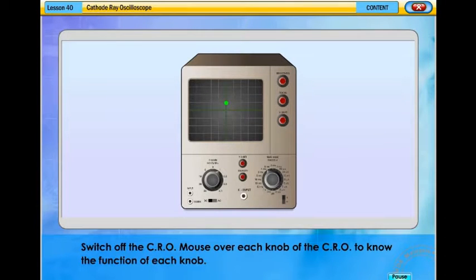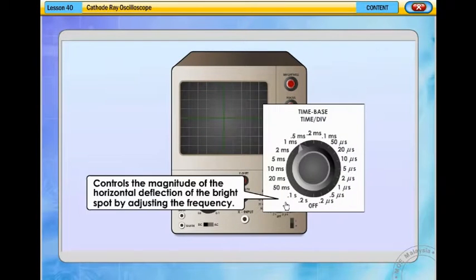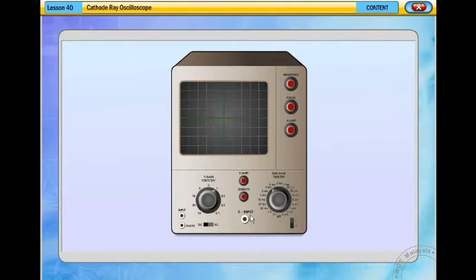Switch off the CRO. Mouse over each knob of the CRO to know the function of each knob. Time base, time per division, controls the magnitude of the horizontal.